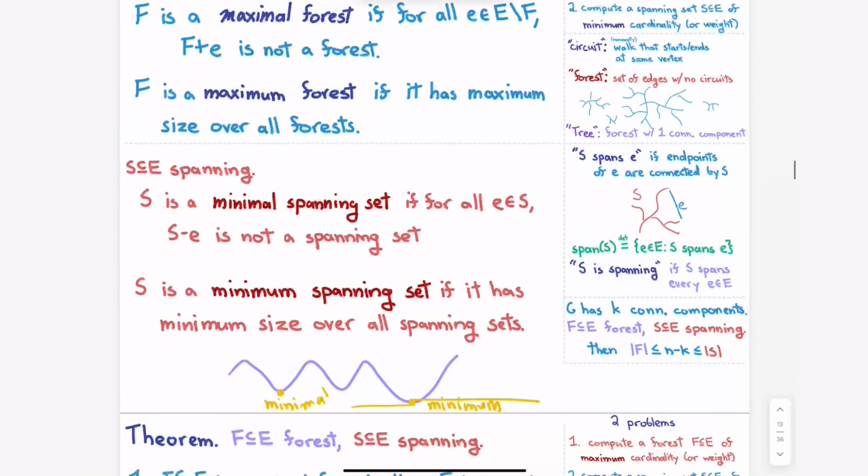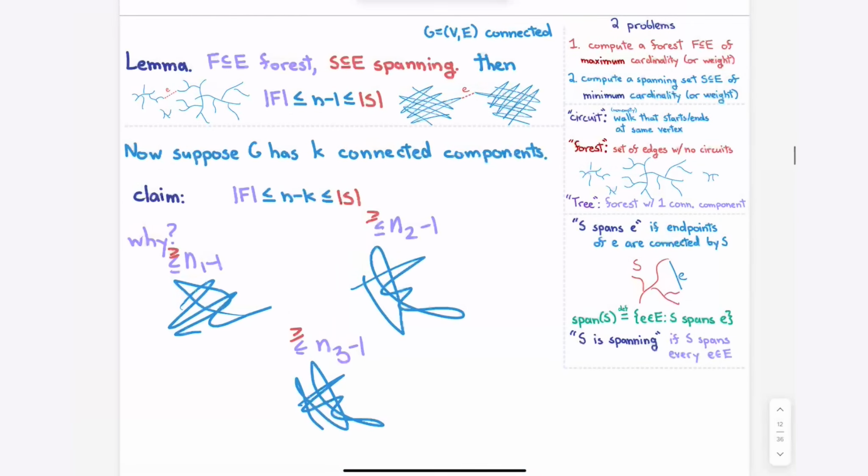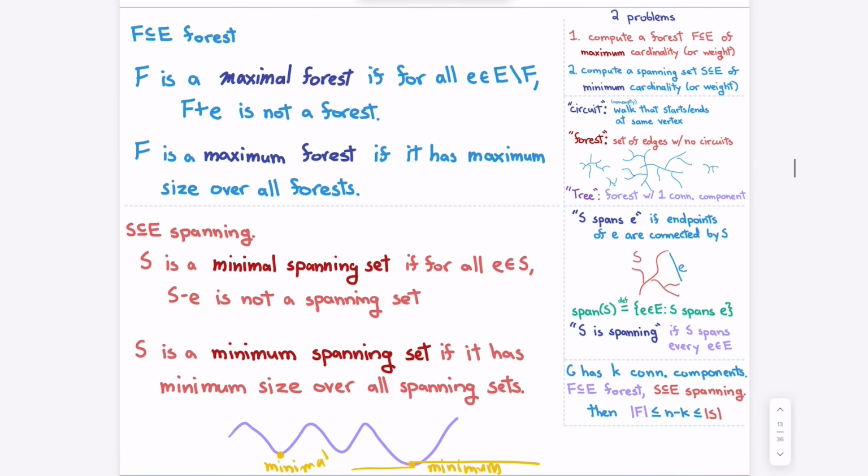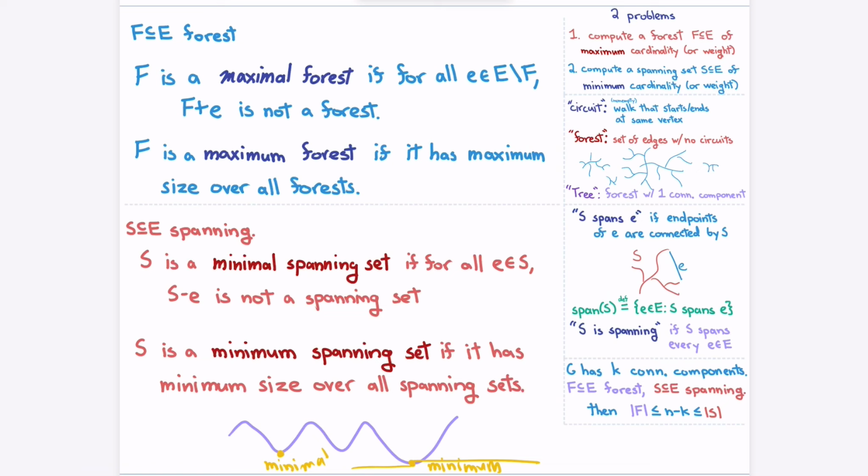But maybe one thing nice is that we would get this: the number of edges in any forest is at most the number of edges in the spanning tree. N minus k is just almost by coincidence in the middle. All that really matters is f is less than or equal to s. And so the question got rephrased into this maximal versus maximum question.